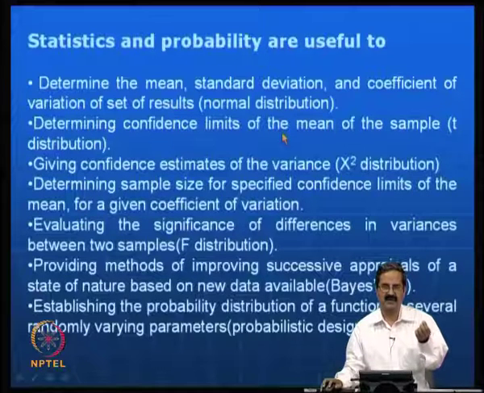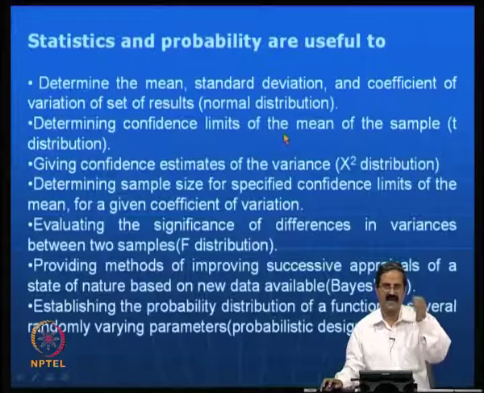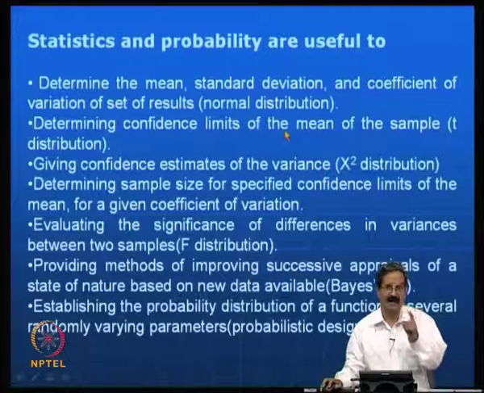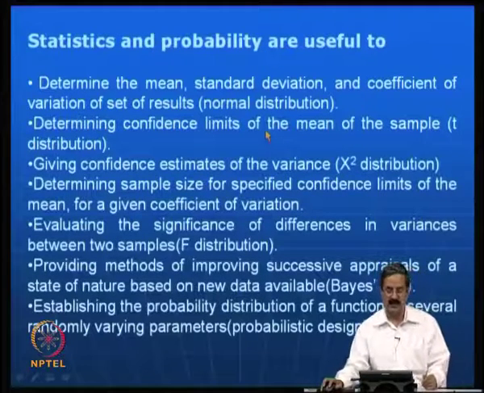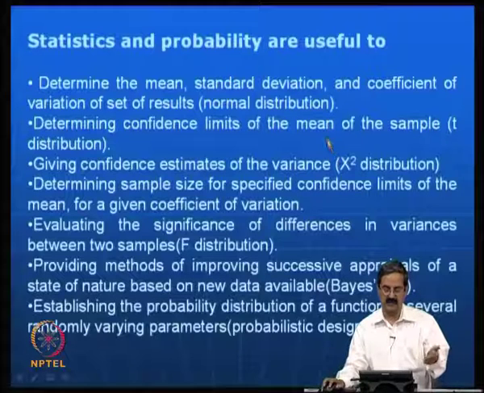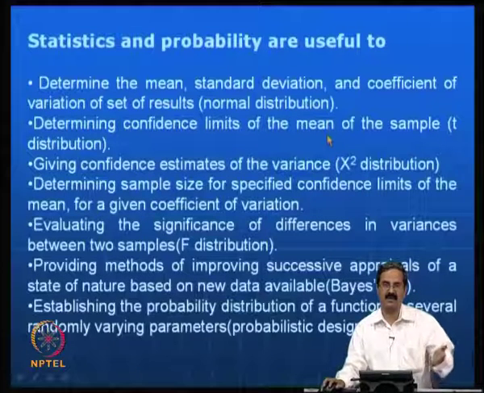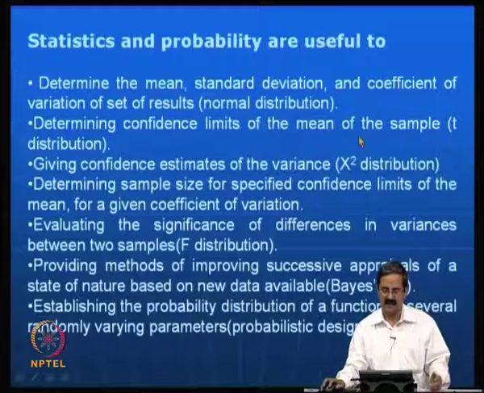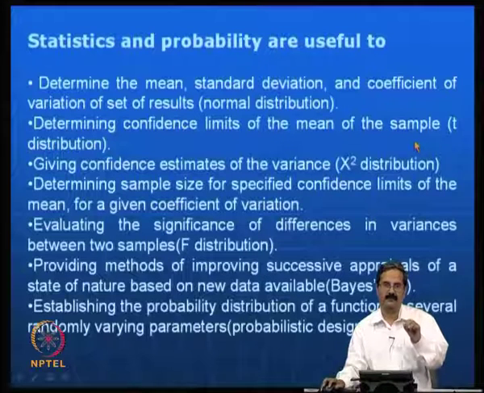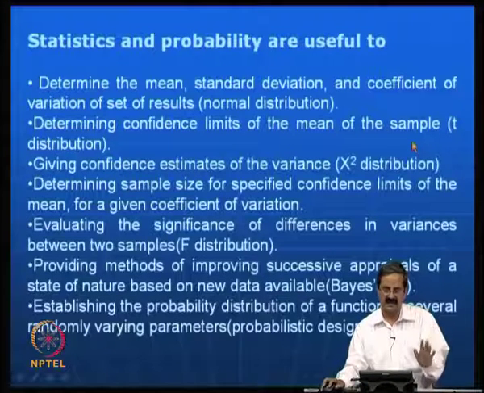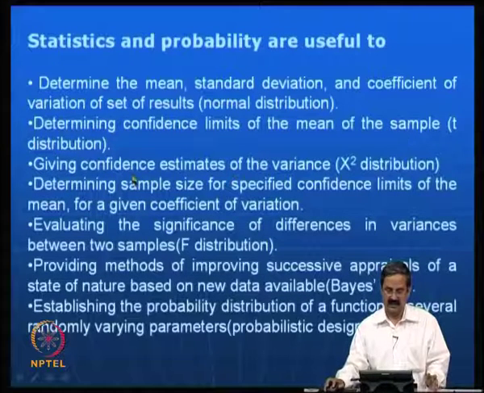If I want to say I am 95% confident about that number, I must do some number of tests. So, how many tests should be done? The other day, we were discussing the number of tests to be done in say 1000 meter cube of soil. So, here you can clearly say that yes, I am 95% confident that this is the mean value, because sometimes if the mean is wrong, everything is wrong.